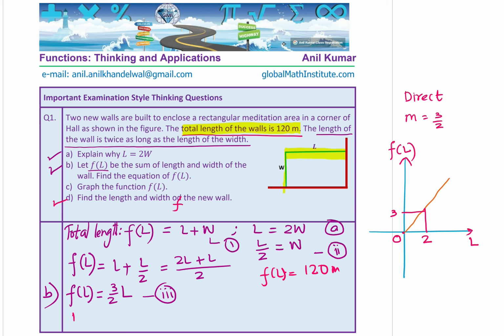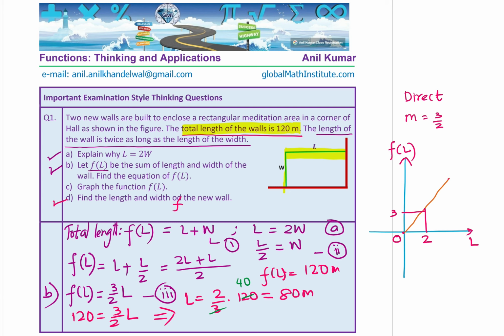So we can substitute 120 meters here over 3 over 2 L, and this can help us find the length. So this implies that length is equal to 2 over 3 of 120, and that can be simplified, and so you get 80 meters. So length could be 80.